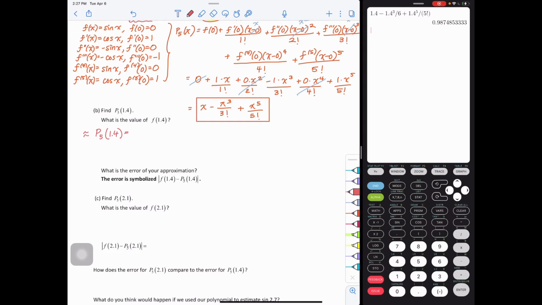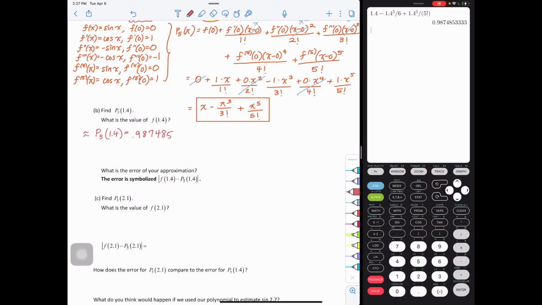Okay, and you should get 0.987485. Okay, so we get about equal to 0.987485.